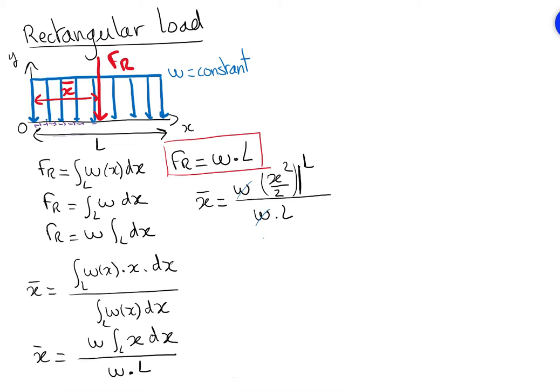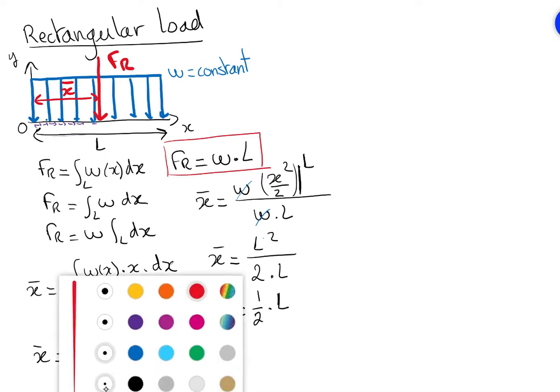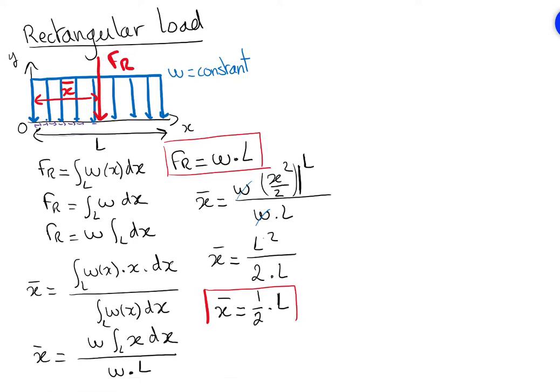So X bar is equal to, replacing x by L, L squared divided by 2, I can put it below the fraction sign, times L. So X bar is L squared divided by L, we just have L left, so it's 1/2 times L. It means that X bar is L divided by 2.